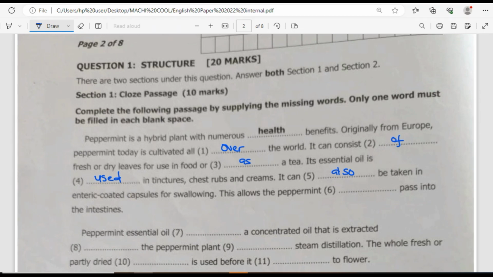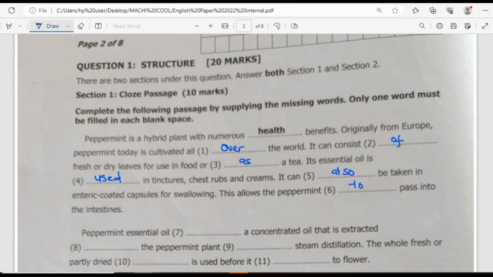This allows the peppermint to pass into the intestine. So we are saying that they can pass into the intestine.